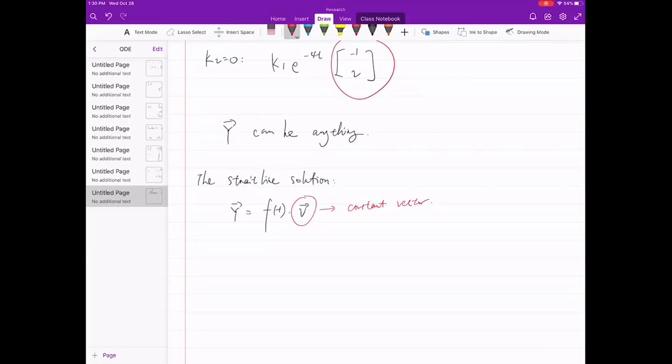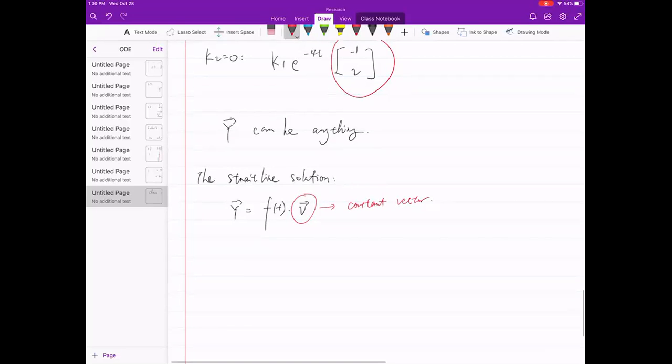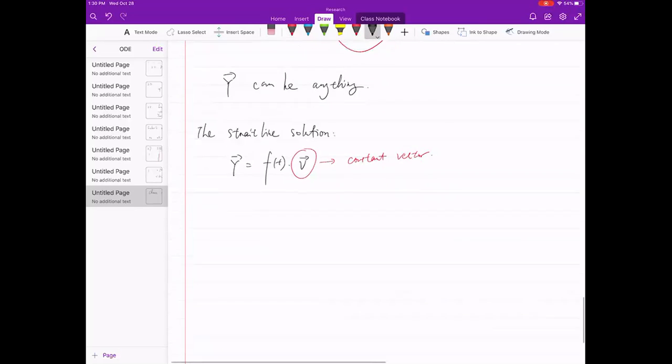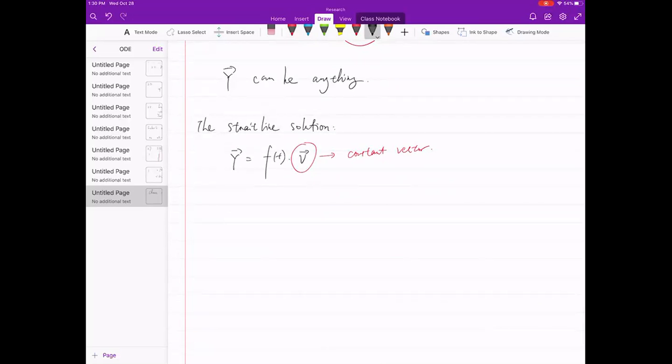Still okay? Pay attention here. y is a vector, v is a vector, f(t) is a number. Now to find which v, you just need to say, hey, this one also satisfies the differential equation, y prime equals Ay, right?